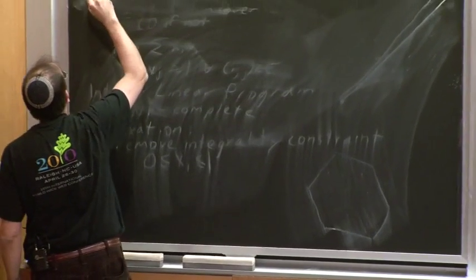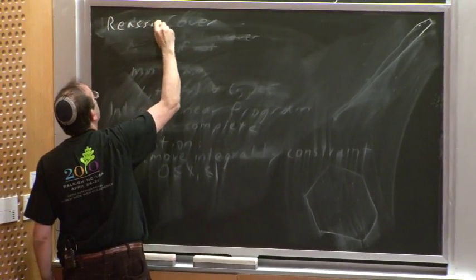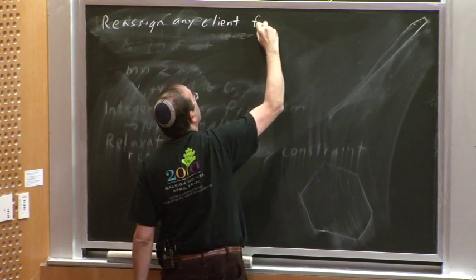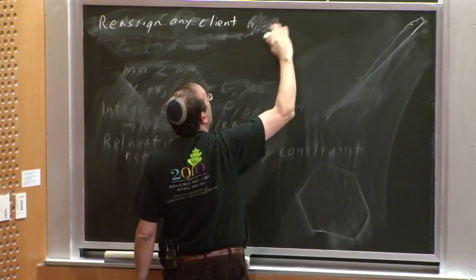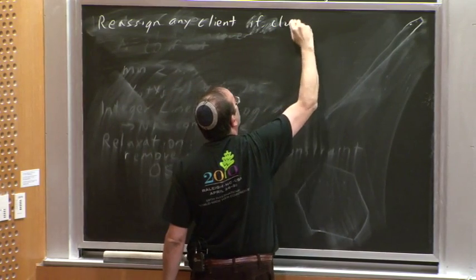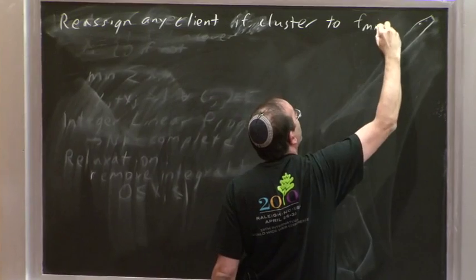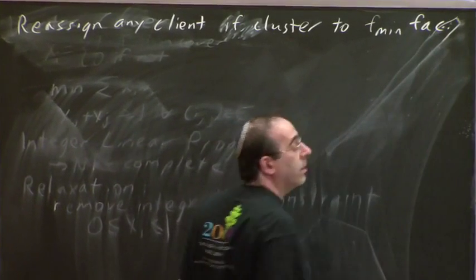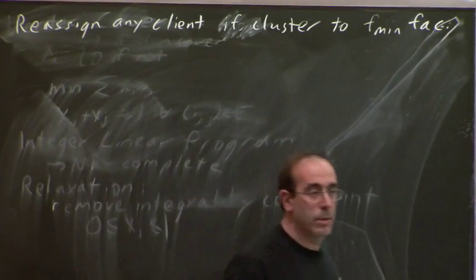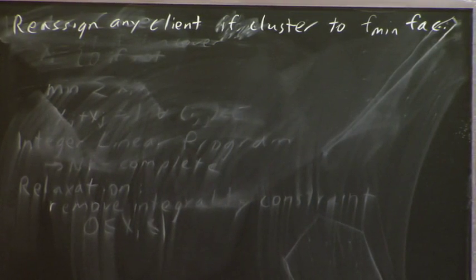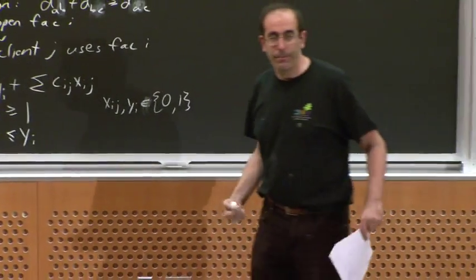So I'm going to reassign any client of the cluster to this F min facility. Okay. So why, on the one hand, might that in general be a bad thing, but for our restricted version of this problem be not such a bad thing?